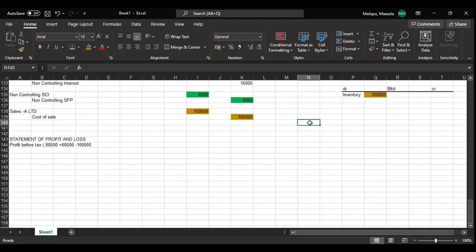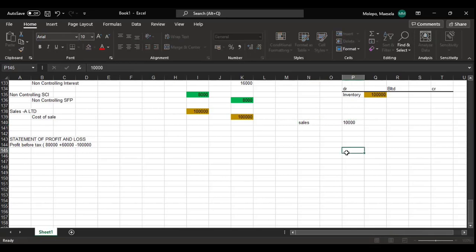Remember, when we do the profit before tax in the normal calculation, you will have sales of 100,000 added. Then you have your cost of sale, which is the purchases, and you subtract it, in most cases minus whatever amount, let's say 100,000.